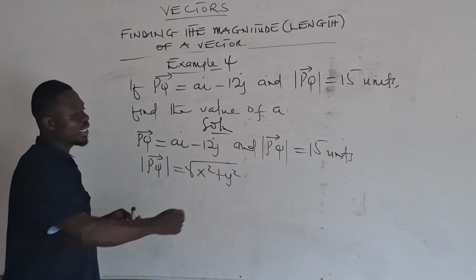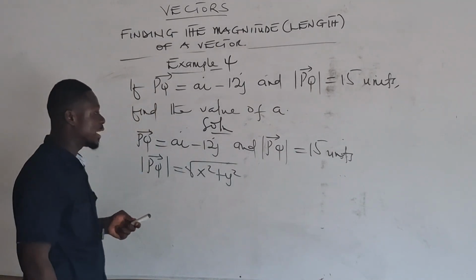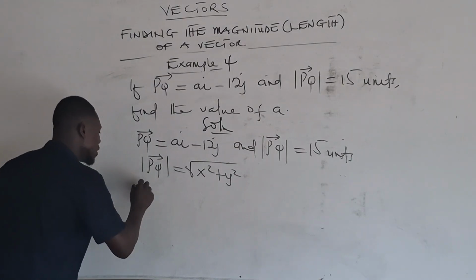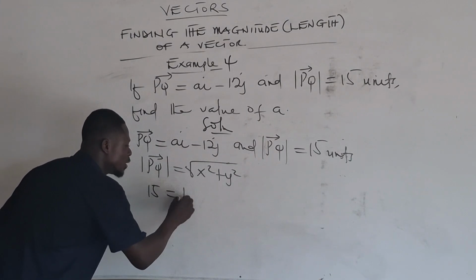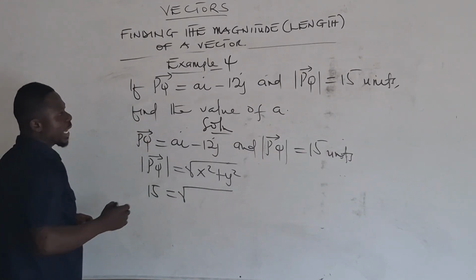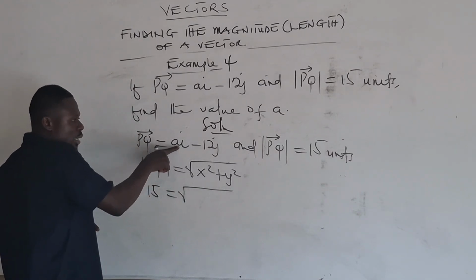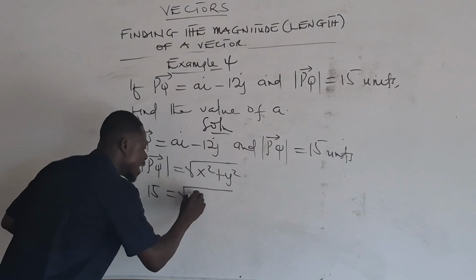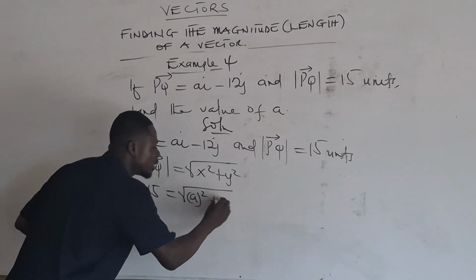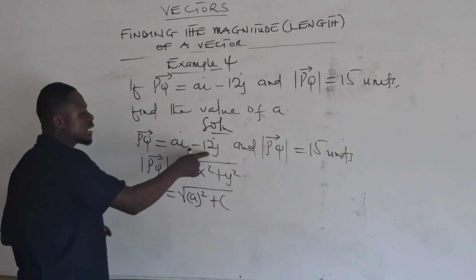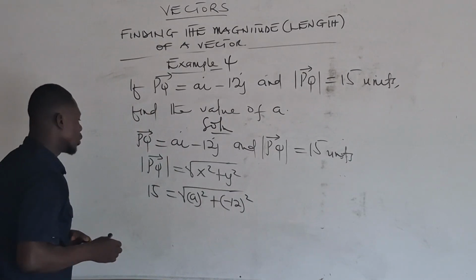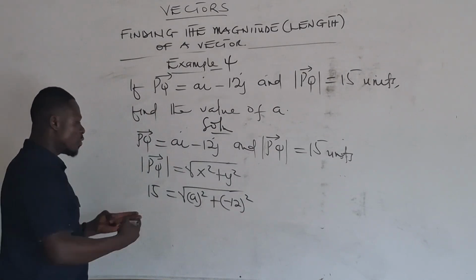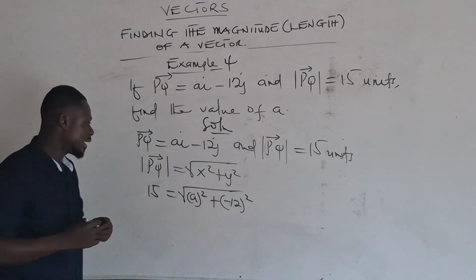We have been given the magnitude in the question. The magnitude is 15, so we will write 15 is equal to the square root of, now the x component is A, so it will be A squared, then the y component is negative 12, so negative 12 squared.